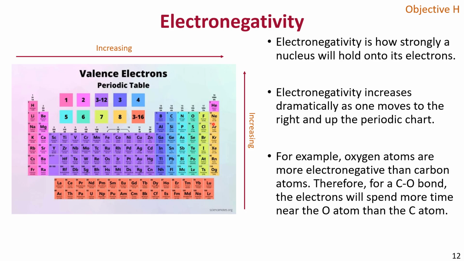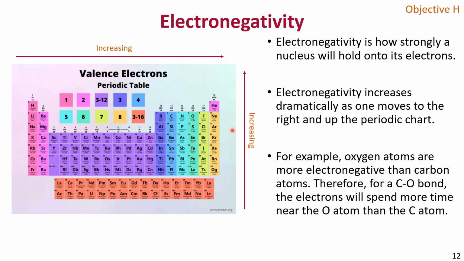Of course, chlorine is as well. The group sevens in general are going to be the most electronegative. But from before, we mentioned that carbon was more to the left and oxygen was more to the right. That's why carbon is less electronegative and oxygen is more electronegative. You can see these trends when you line up the elements.